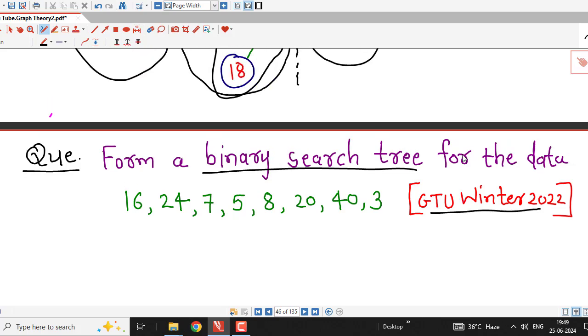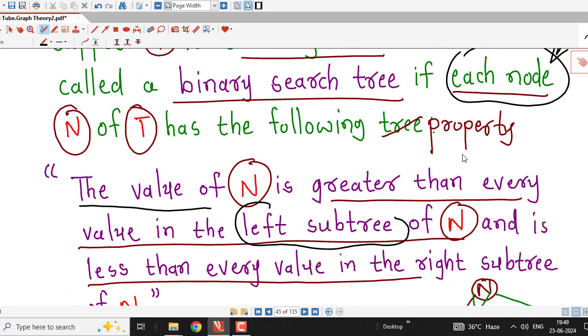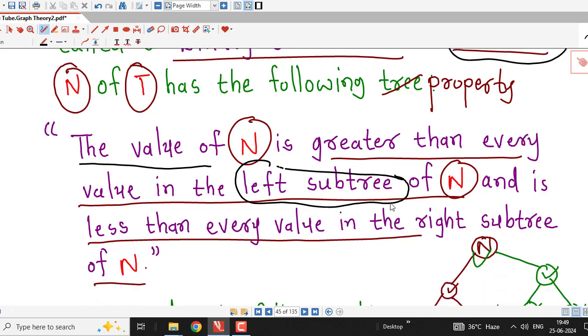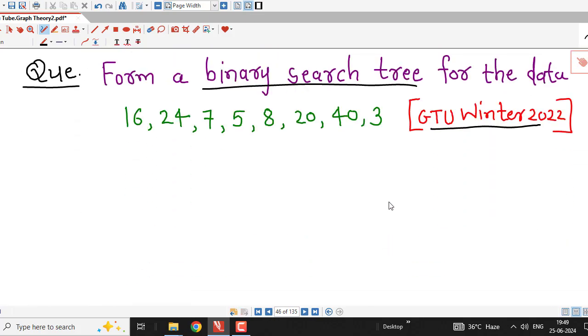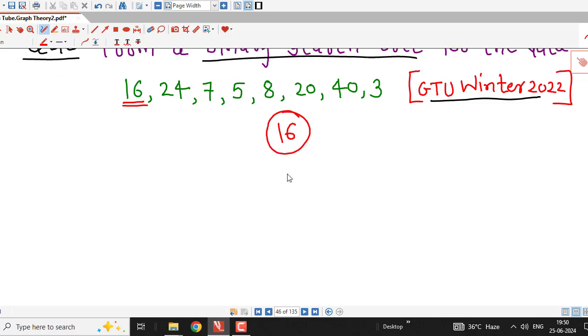So here we will remember this property that the value of every node is greater than every value in the left subtree of n and is less than every value in the right subtree of n. We will construct a binary tree which will satisfy that property. So first thing is we will start with the first value in the data, and that we will consider as the root of our tree. So I am writing 16 here.